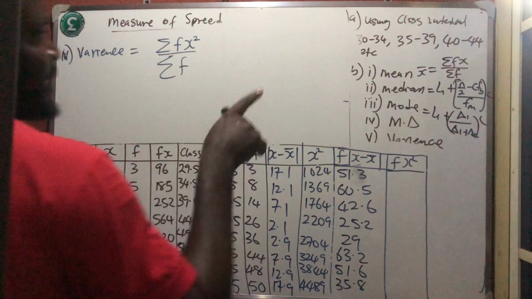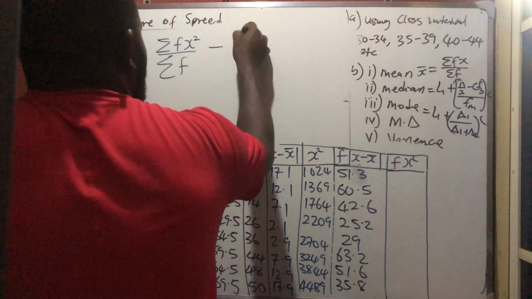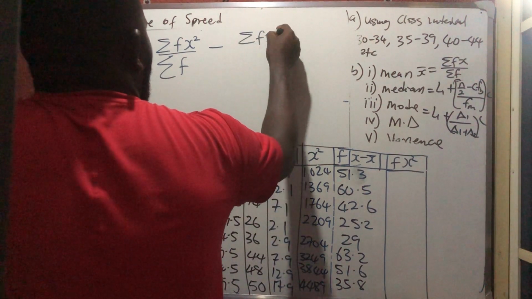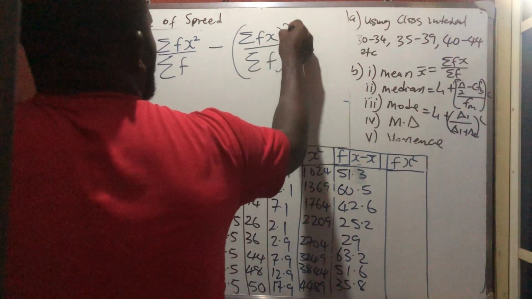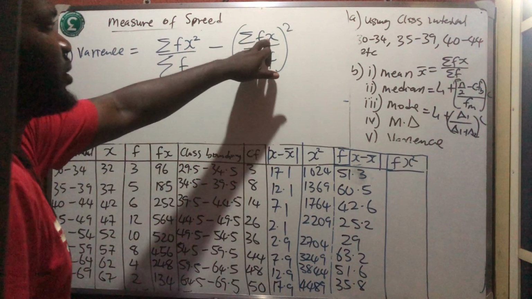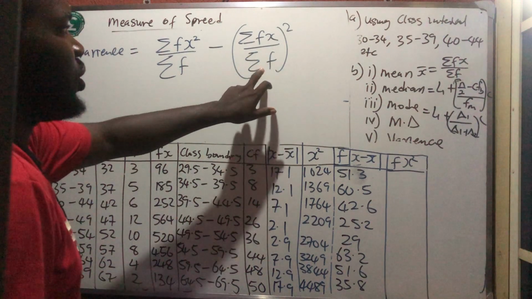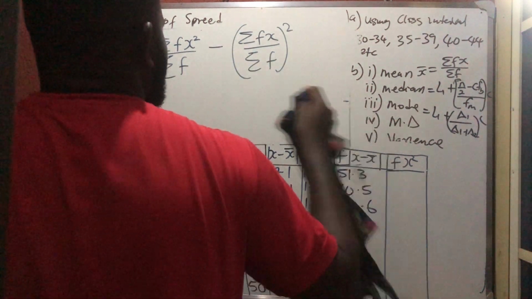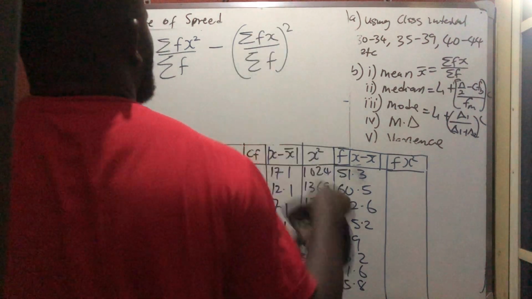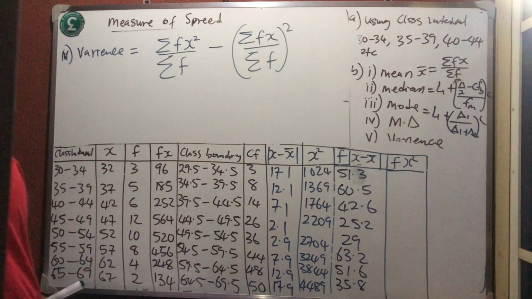Don't forget that this one has minus. So I will use minus summation of f x all over summation f, all squared. And summation f x all over summation f is the mean. I hope you know that this is mean. So I can say that this is simply the mean all squared.